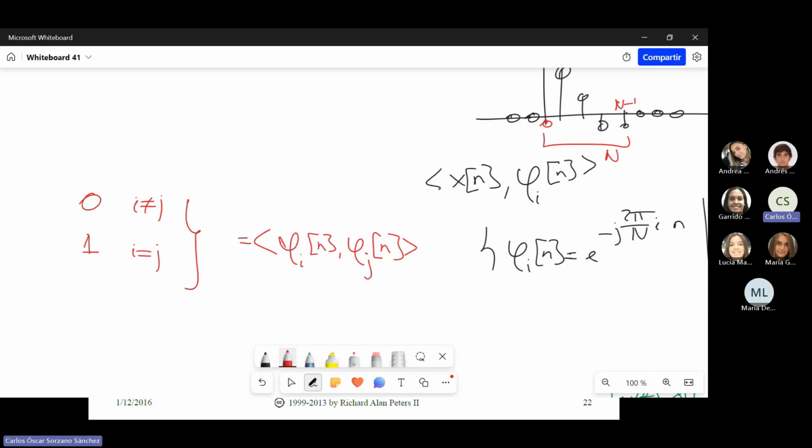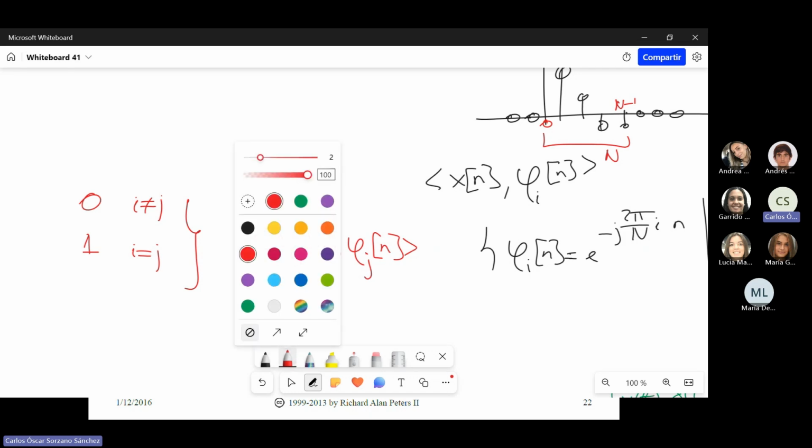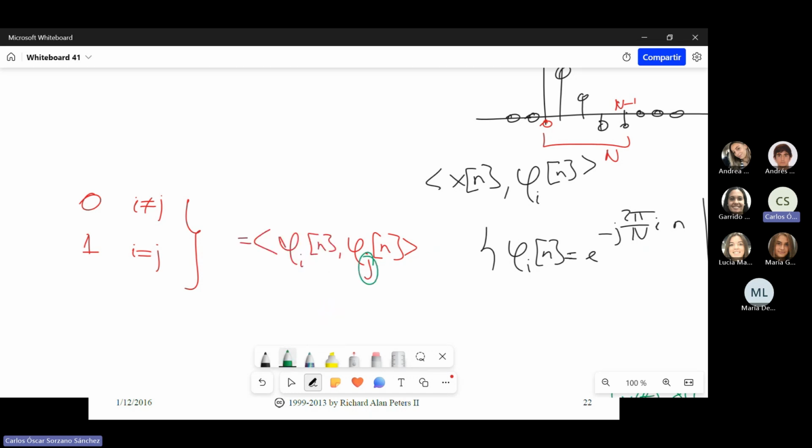The same happens for the complex exponentials. Remember, in the Fourier transform this part refers to the frequency. So if you multiply two waves of different frequencies, the product is 0. If you multiply two waves of the same frequency, the product is 1.